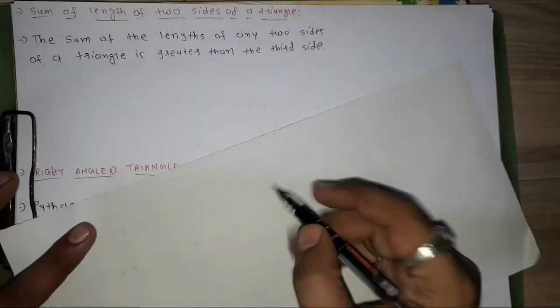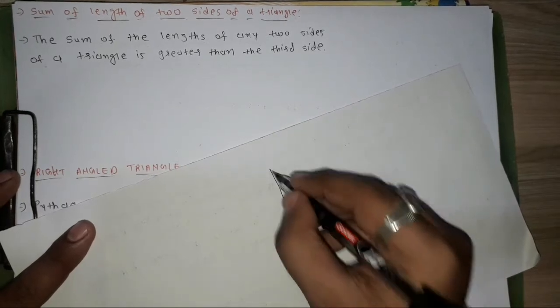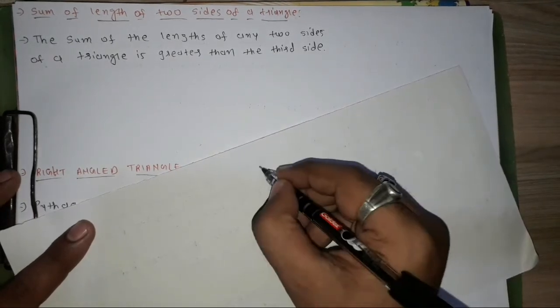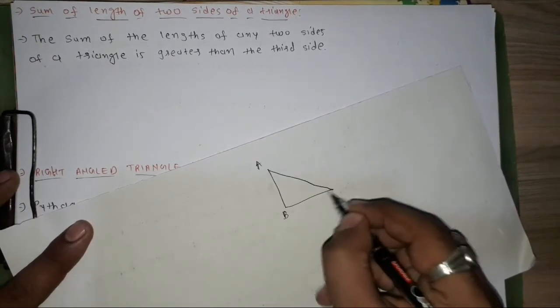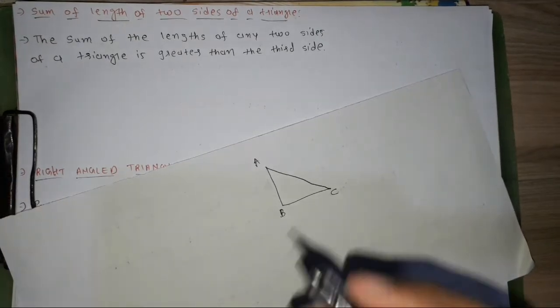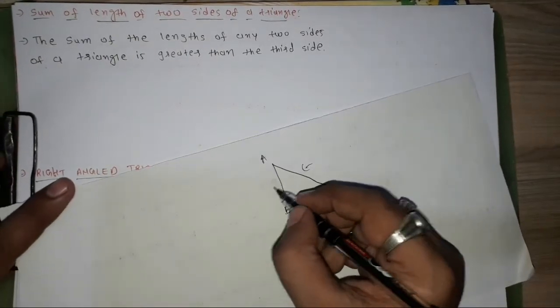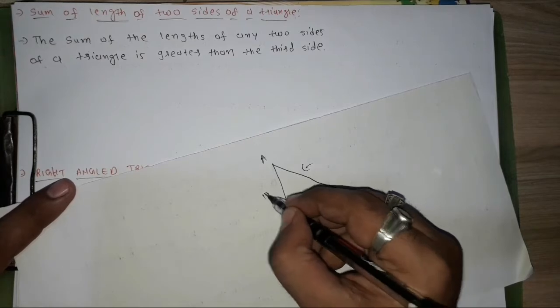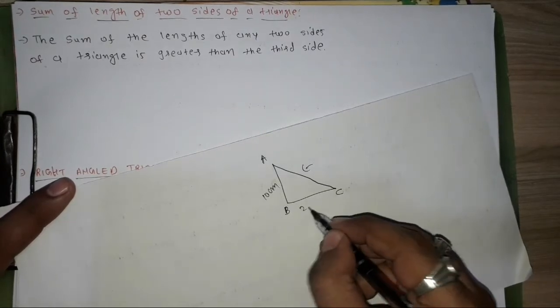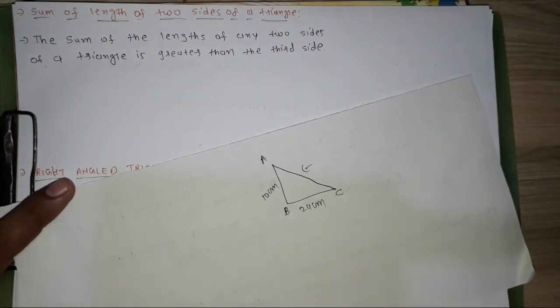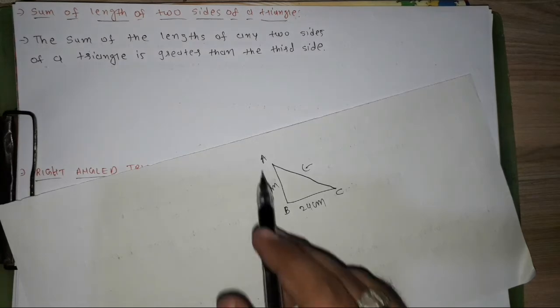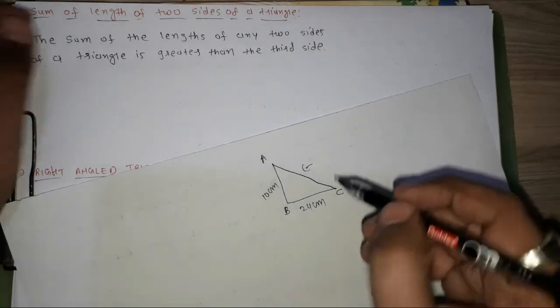For example, take this right angle triangle with vertices A, B, C, with two sides and the hypotenuse. The measure of one side is 10 centimeter, the other is 24 centimeter, and the question is: find the measure of hypotenuse AC.